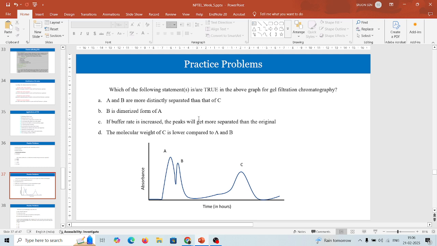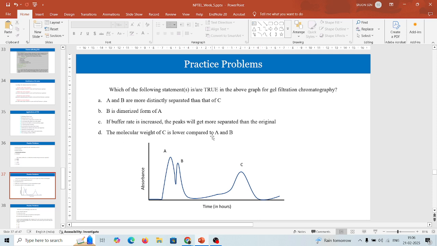Which of the following statements is true from the graph for gel filtration chromatography? A and B are more distinctly separated than that of C. B is in dimerized form of A. If the buffer rate is increased, the peaks will get more separated than the original.